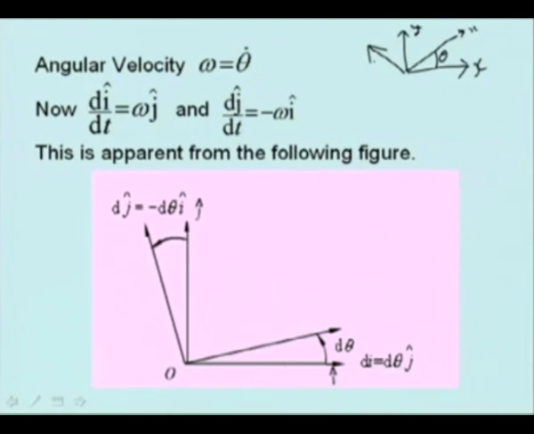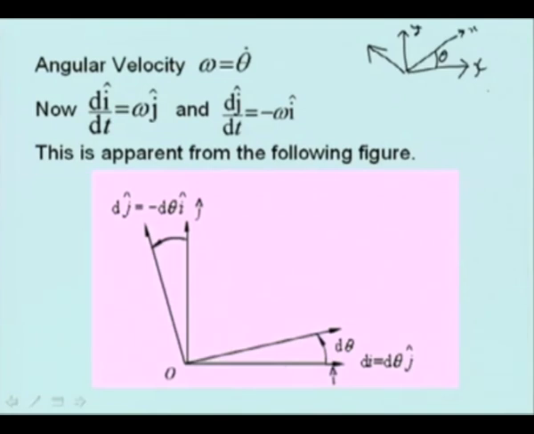Now we can easily see that if the unit vectors I and j are expressed in the moving, that means rotating, coordinate system, then di by dt will be omega times j and dj by dt is equal to minus omega times i. In the translating reference frame, di by dt was 0.